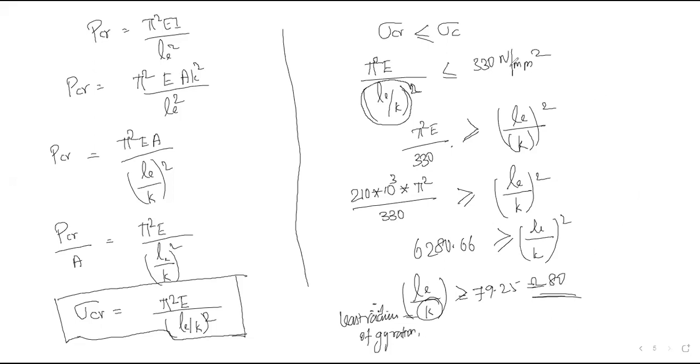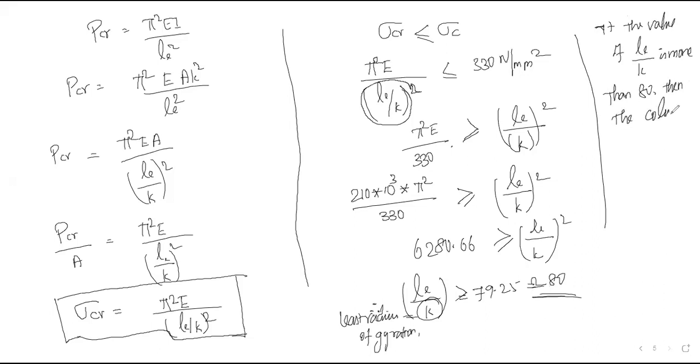So if the value of LE by K is more than 80, then the column is valid for Euler column. So this is the result.